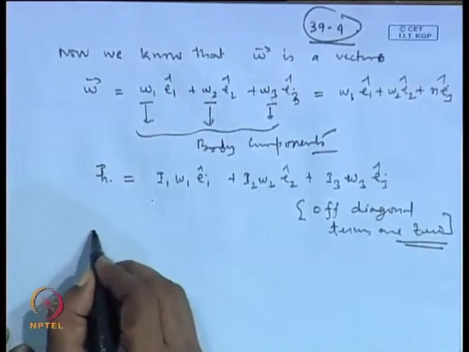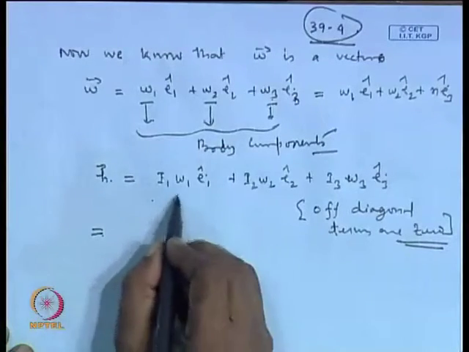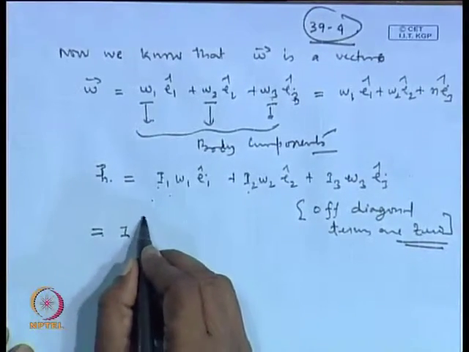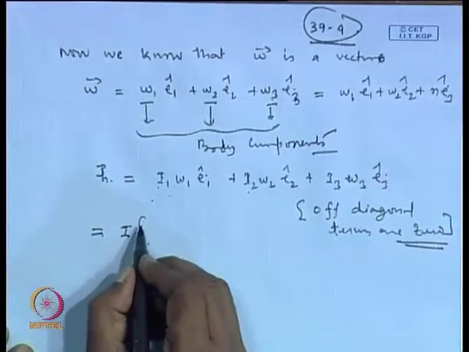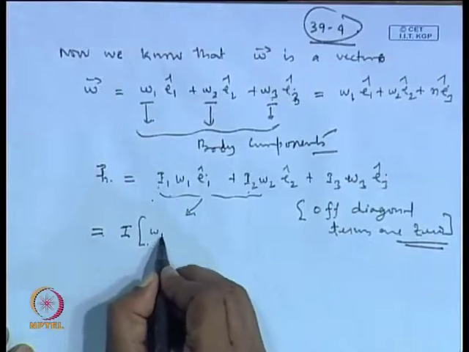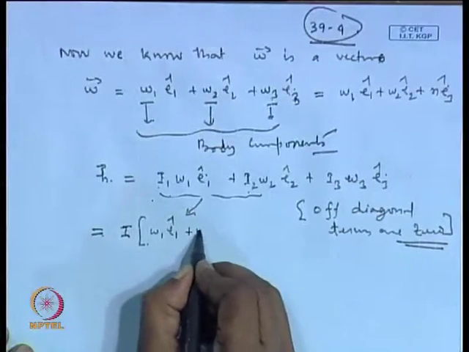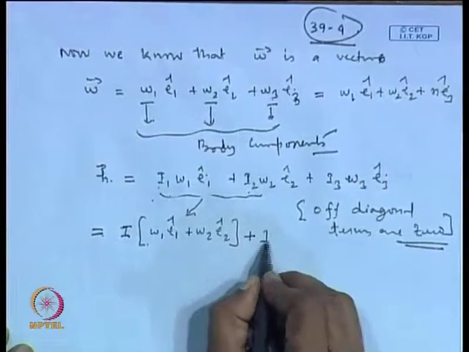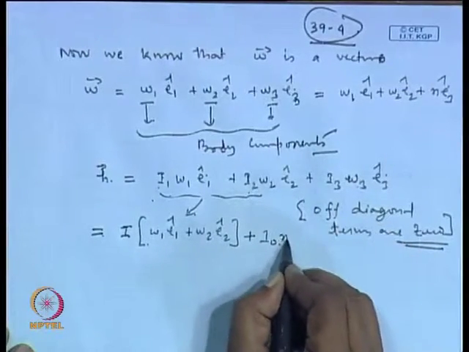So, therefore, I 1 and I 2 are equal, so we can take it outside and put here as I. These two terms can be brought here. So, I times omega 1 E 1 plus omega 2 E 2 cap plus I 3, which is I 0, times n E 3 cap.